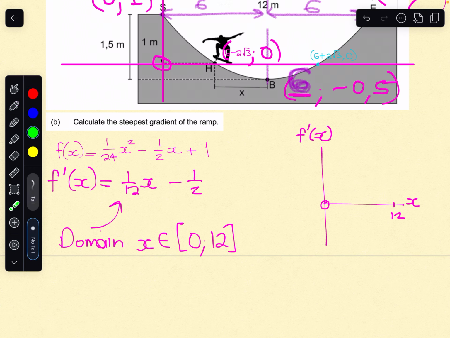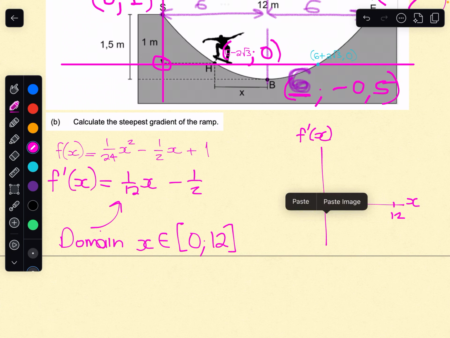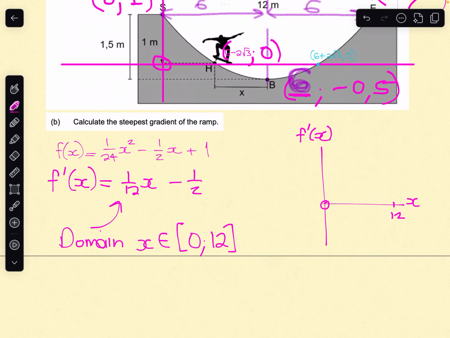So when x is equal to 0, the gradient of the ramp is 1 over 12 times 0 minus a half. The y-intercept will occur at minus a half. Well, it's a straight line, y is equal to mx plus c, y-intercept.